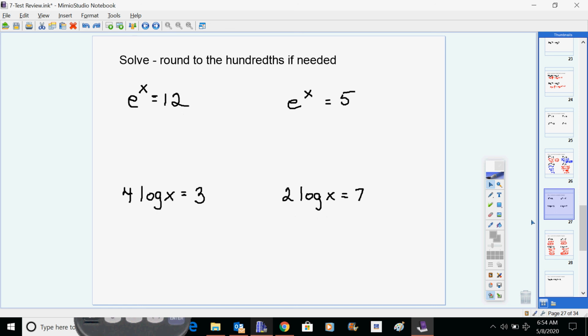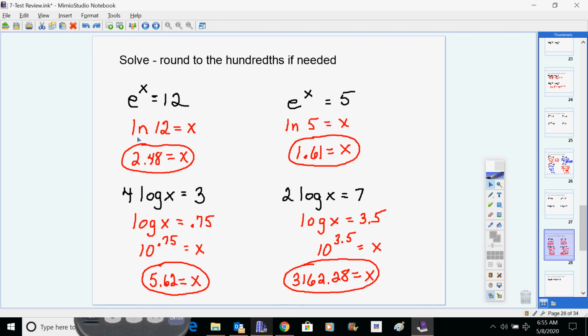Okay, and then we've got our nice natural logs with our base of e here. So if you want to get rid of the base of e, you have to use natural logs. So the natural log, log base e of 12 equals x.